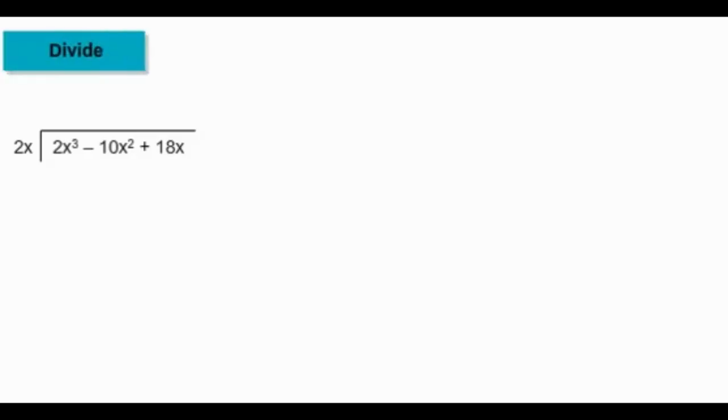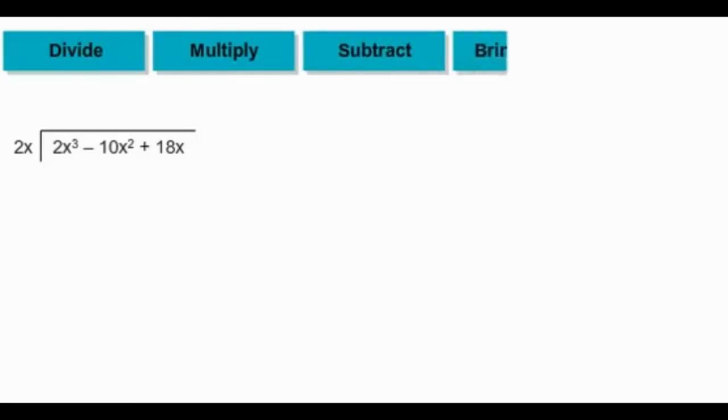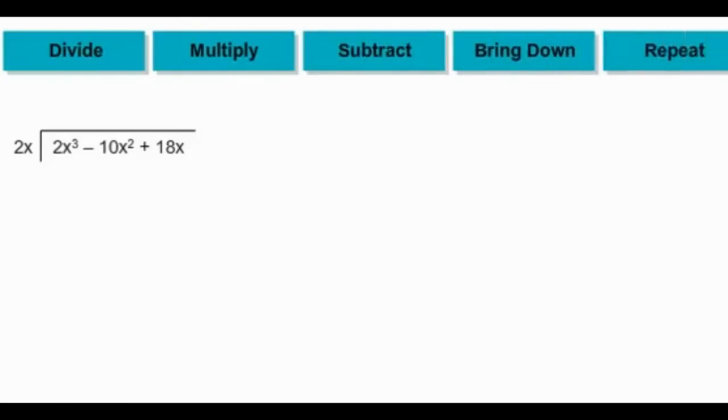Remember, the steps in the division process are divide, multiply, subtract, bring down, and repeat. First, divide. How many times will 2x divide into 2x cubed? You can think of this as dividing 2x cubed by 2x. 2 divided by 2 is 1.